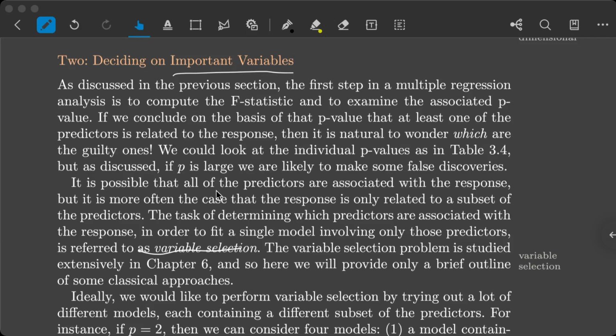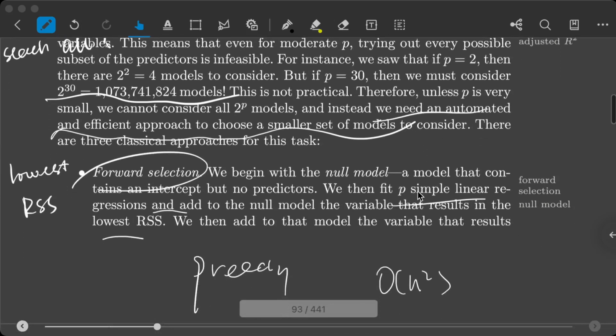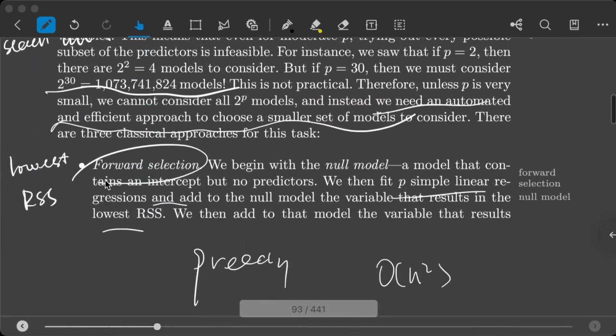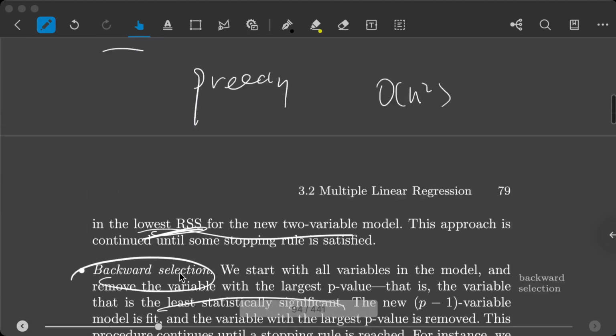So we may conclude that some of the x are connected to y. The next question is which of them are connected to y? So we need to decide on important variables. This one is generally easier to understand. It just includes three methods: forward selection, backward selection, and mixed selection.